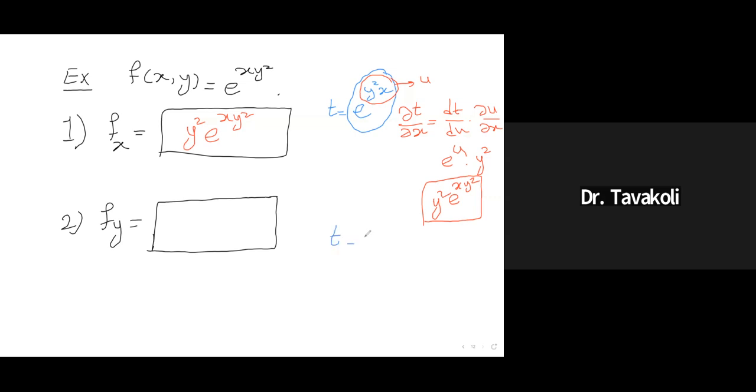Suppose t is e to the power of xy squared. On the top, I wrote y squared x, because y squared was like a constant for x. That's why, to make it more understandable, instead of xy squared, I wrote it as y squared x. But here x is the constant and y is the variable.